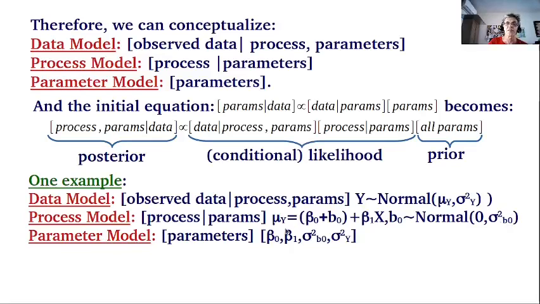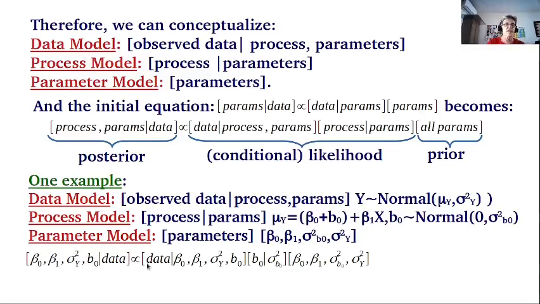Here we have all the parameters that we have in this model: the overall intercept, the overall slope, the variance of the response variable, and the variance of the intercept that reflects how much each group intercept differs from the population level intercept denoted as beta 0.